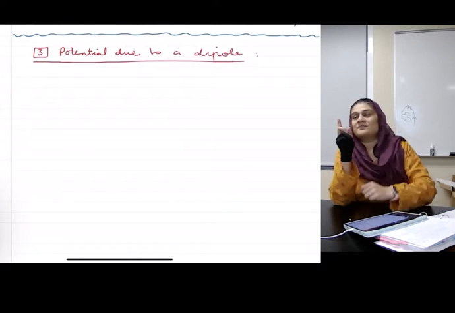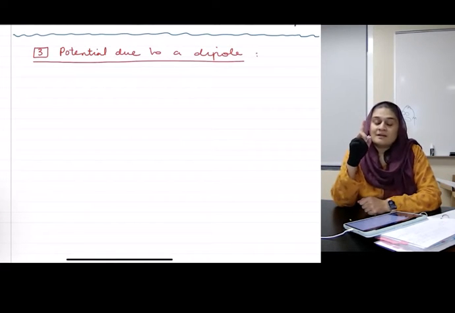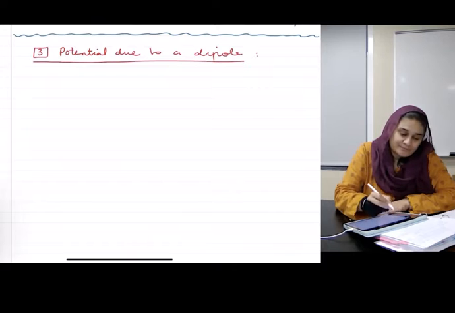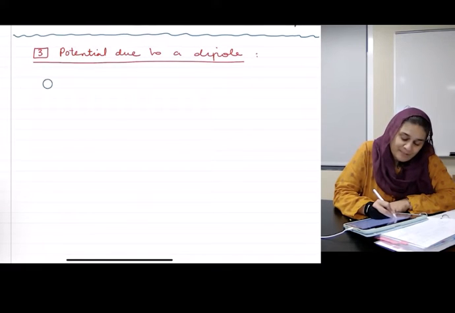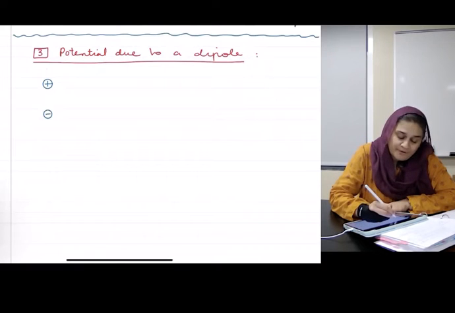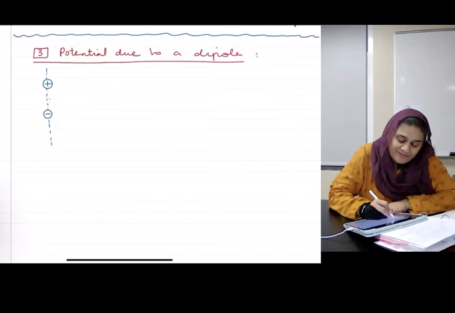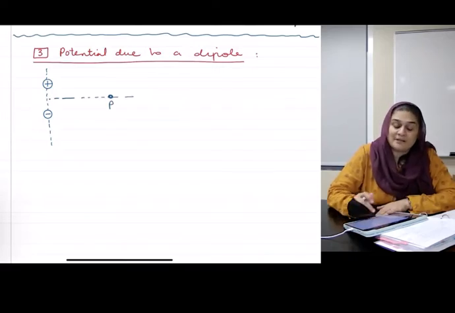Okay, so when you have a dipole made up of a plus charge and a minus charge, when we were doing electric fields, we found the electric field due to this dipole at this point.